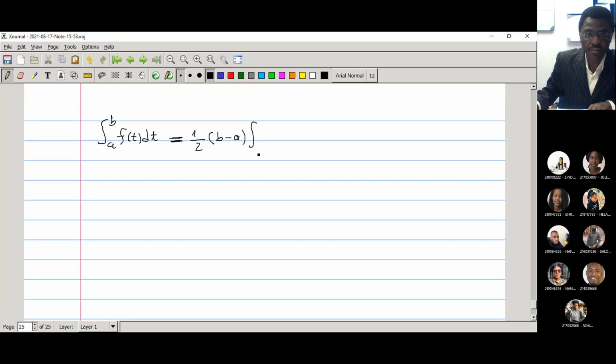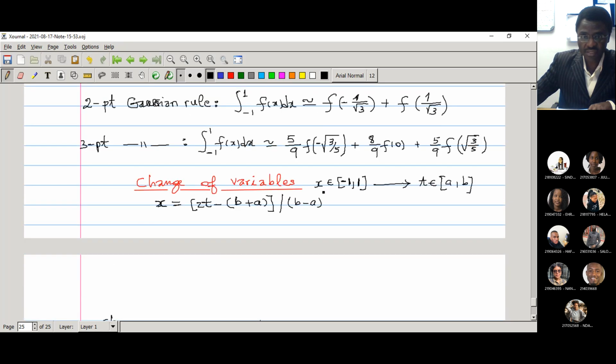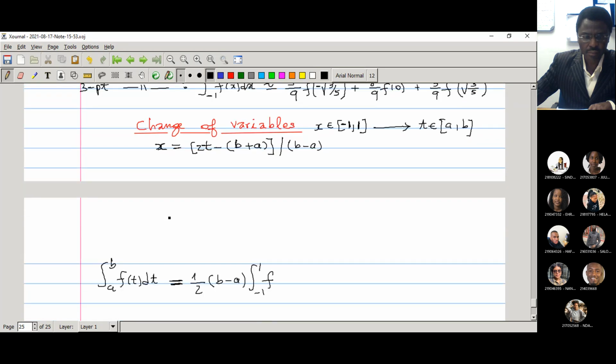Okay, so we integrate from -1 to 1. Here you have f of x, because x is from -1 to 1. But we know that we can write x in terms of t. No, what am I saying? Instead we write t in terms of x, because x is there.